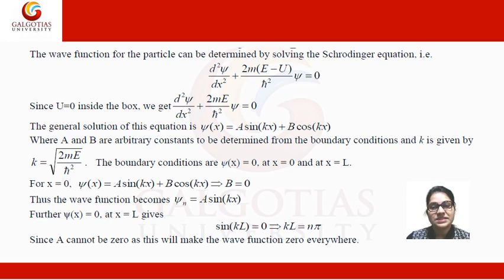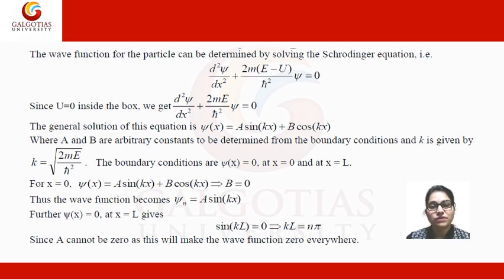Since U equals 0 inside the box and outside there is no wave function, we are not discussing the outside of the well condition. We are only discussing the wave function in the well. So the equation will be d2 psi upon dx2 plus 2mE upon h cut square psi equals 0.